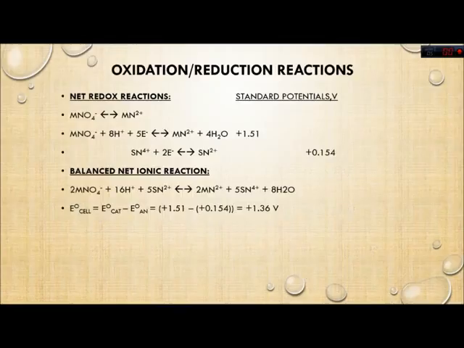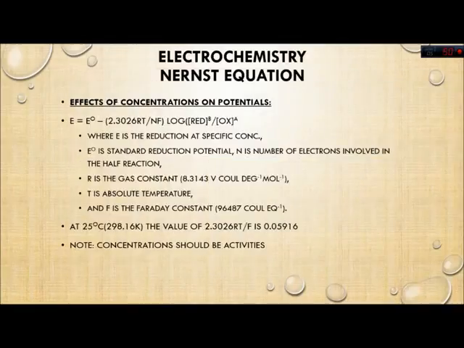So these are some examples of net redox reactions or balanced ionic reactions. Now to find how the effect of concentration and potential affects the cell, we need to know a specific equation, the Nernst equation.